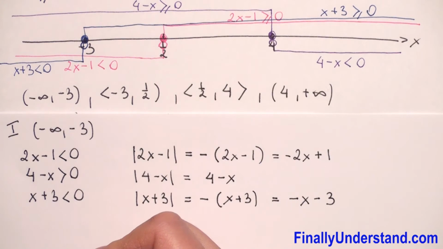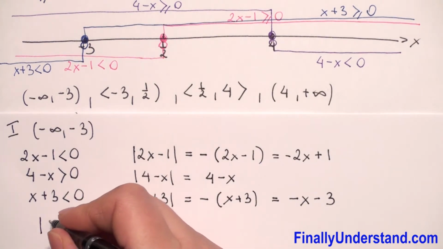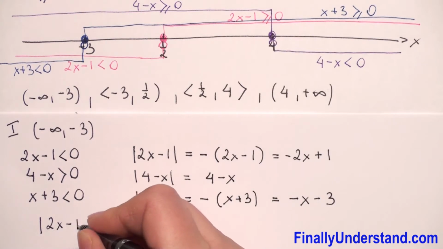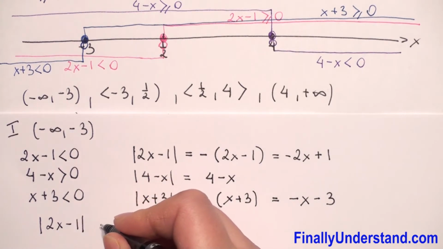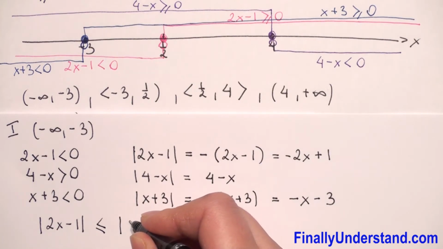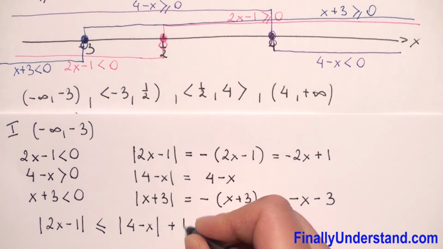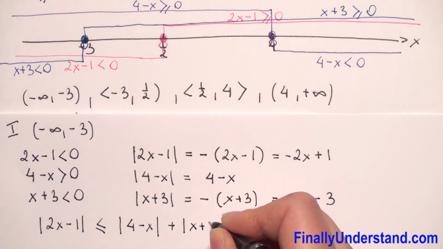Now we can copy our inequality. So we have absolute value of 2x minus 1 is less than or equal to absolute value of 4 minus x plus absolute value of x plus 3.